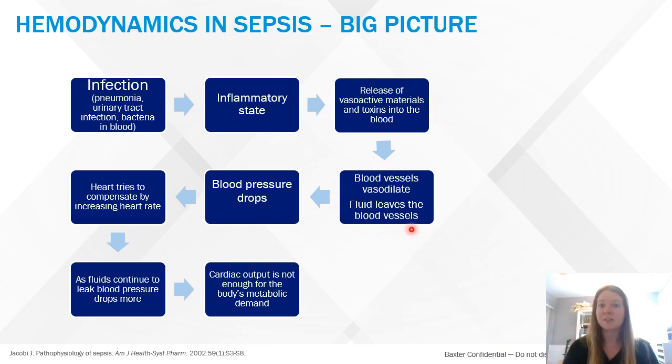And those blood vessels then dilate. So then fluid leaves the blood vessels, my blood pressure drops, and then my heart tries to compensate by increasing the heart rate. And as fluids continue to leak out and blood pressure continues to drop, cardiac output is not enough for the body's metabolic demand, and it just keeps going into this positive loop.